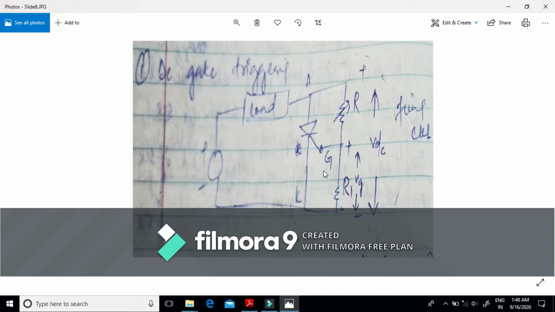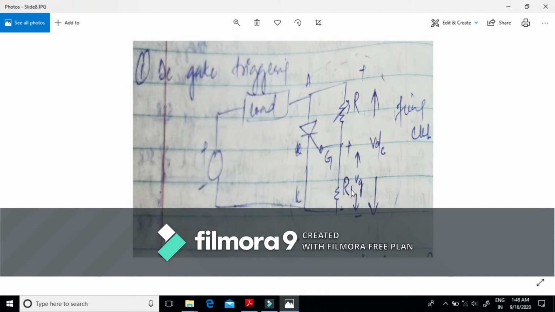The main advantage of this triggering method is that if we do not want to trigger the SCR, this can be easily done by increasing the value of this resistance R. By increasing R, the voltage buildup across it will be high, and across this potential divider, the voltage across R1 will be lower.